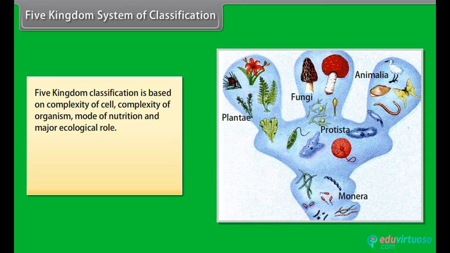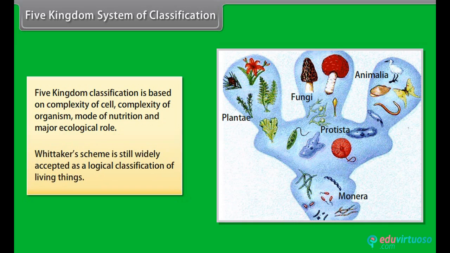Five-kingdom classification is based on complexity of cell, complexity of organism, mode of nutrition, and major ecological role. Whittaker's scheme is still widely accepted as a logical classification of living things.